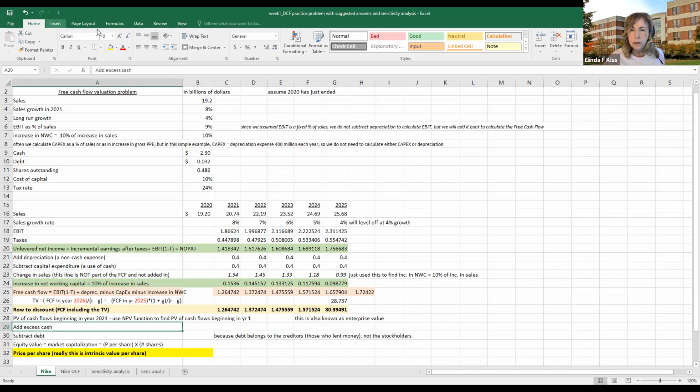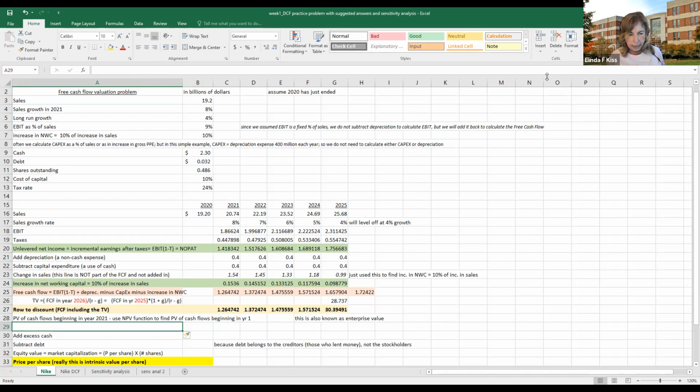So to do that, I go over here where I get to insert, and I'm going to insert a sheet row. This is the enterprise value. So for the enterprise value, we will use the NPV function.